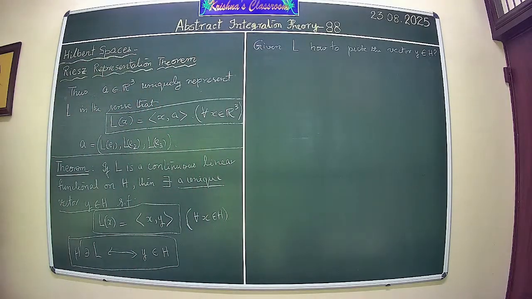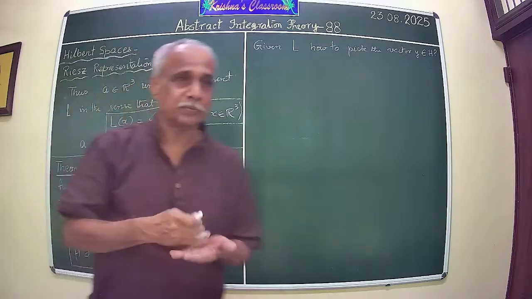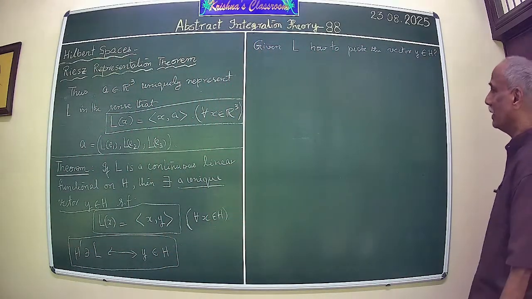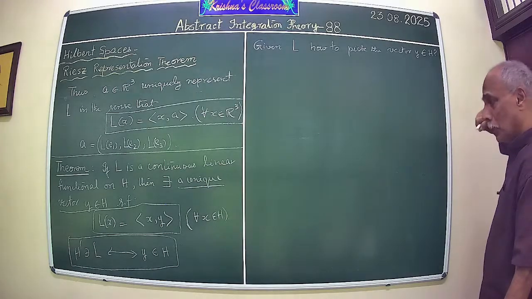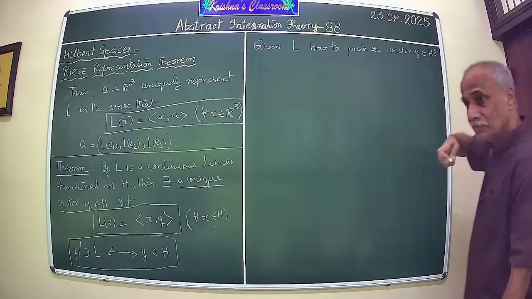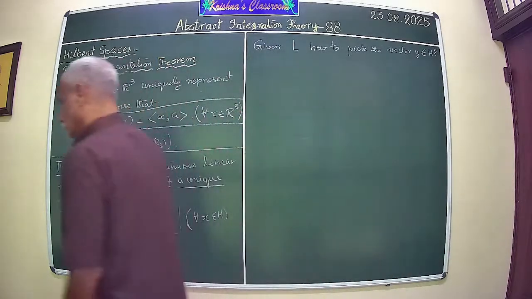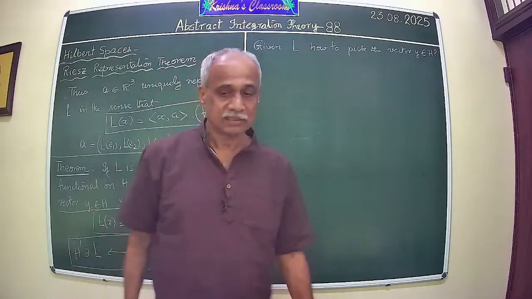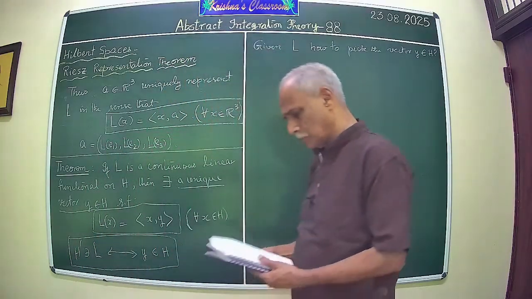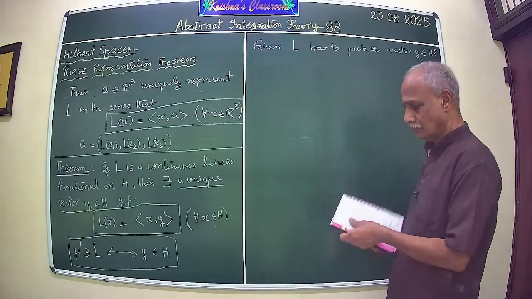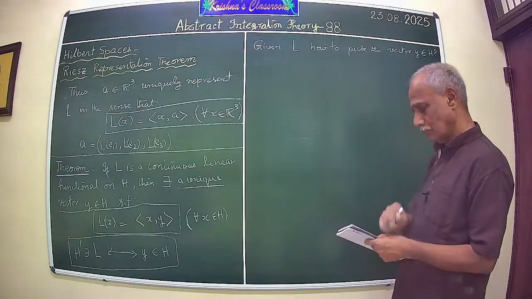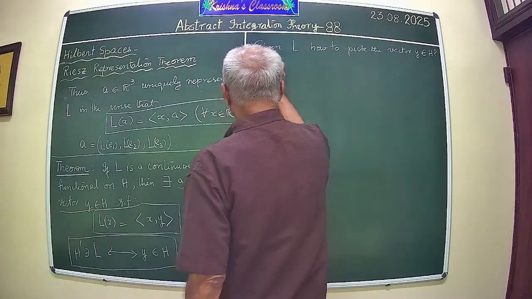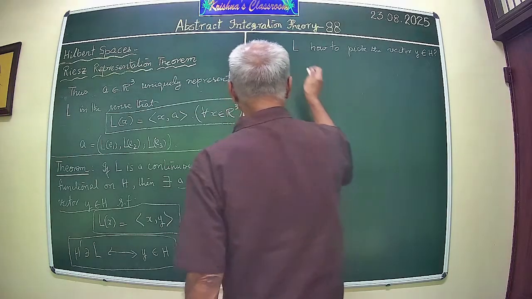It's a one-dimensional vector space that you get, and a spanning vector of that is going to get identified with L. Get the point? So let us prove this. Now we have already explored it in this case.